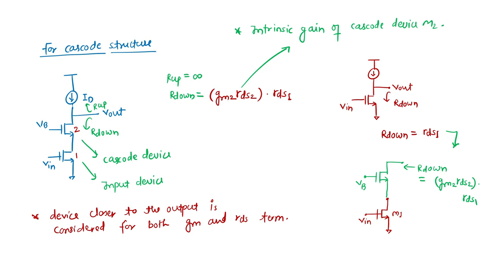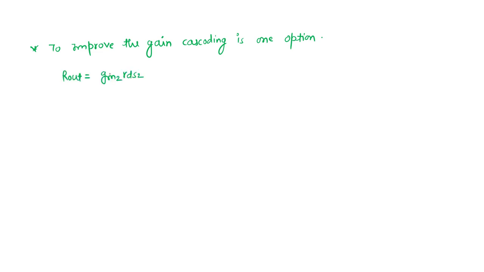From the perspective of the interview, if you want to improve the gain, then cascoding is one option. But there are challenges associated with cascoding. To improve the gain, cascoding is one option because R out is improved. R out is now amplified with this factor, and GM is still the same as GM of 1. So what is the gain? Gain is now increased.